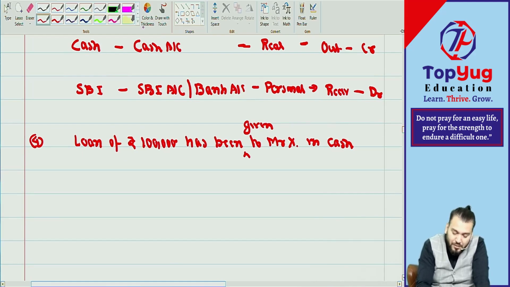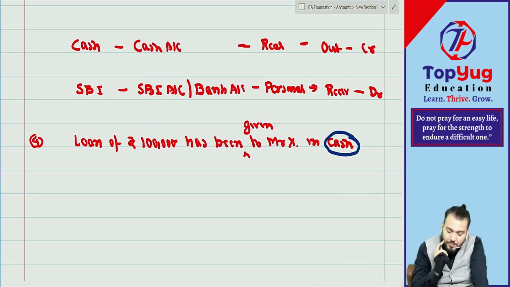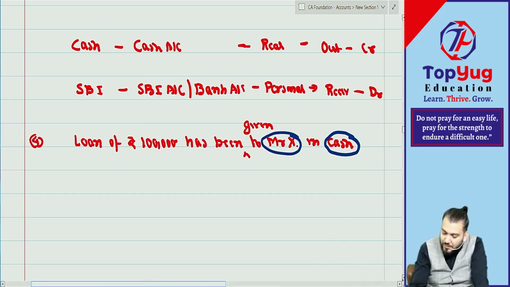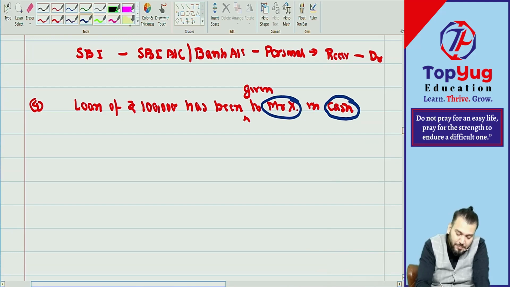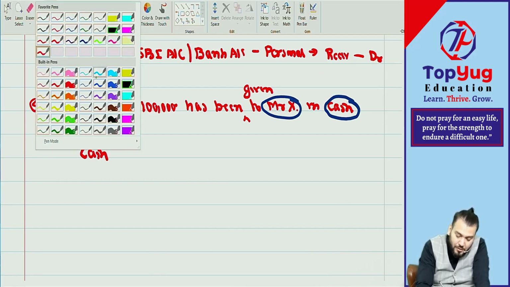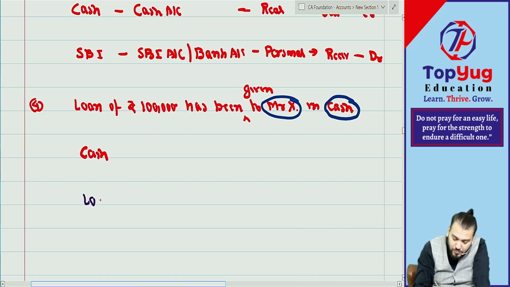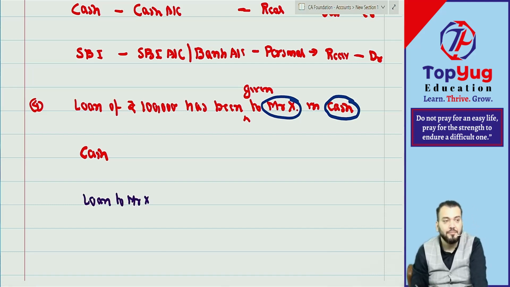What are the two aspects? Cash is one aspect. Second is what? Loan. But loan has been given to whom? Mr. X. Correct? So the two aspects are the cash and loan to Mr. X. Understood.